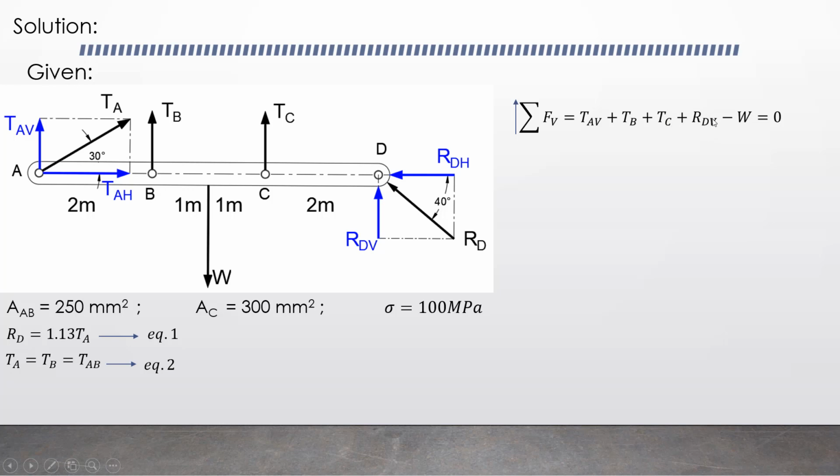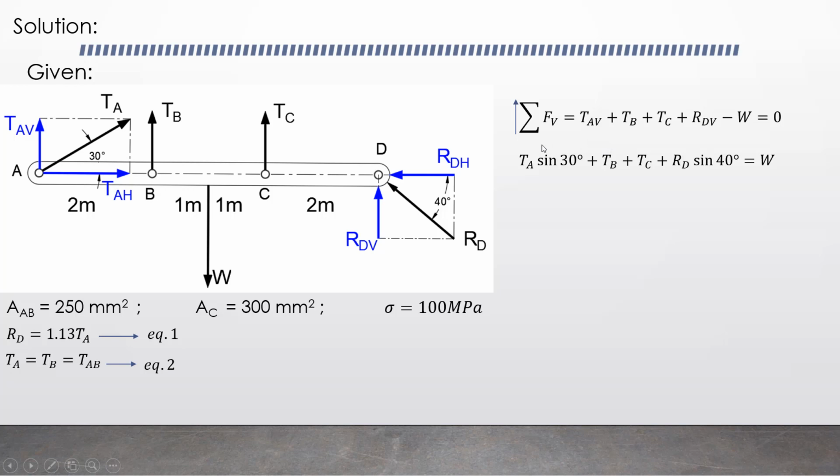We're going to add the vertical component of reaction D. And then last is the weight. As we notice, the weight is going down, so we're going to subtract the weight. Again, our bar is in equilibrium, so the summation of vertical forces is equal to 0.